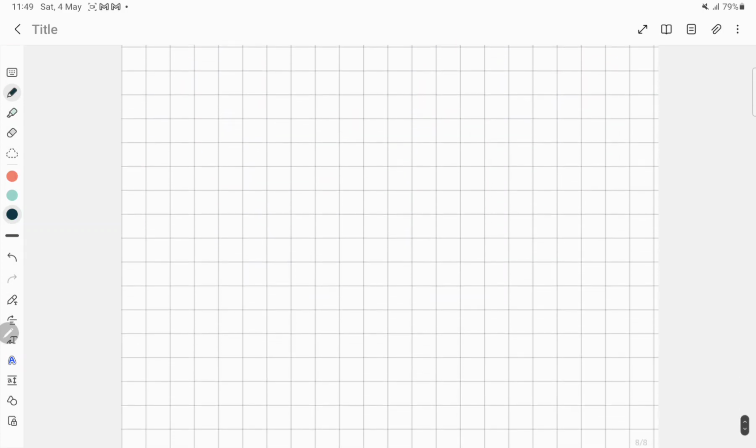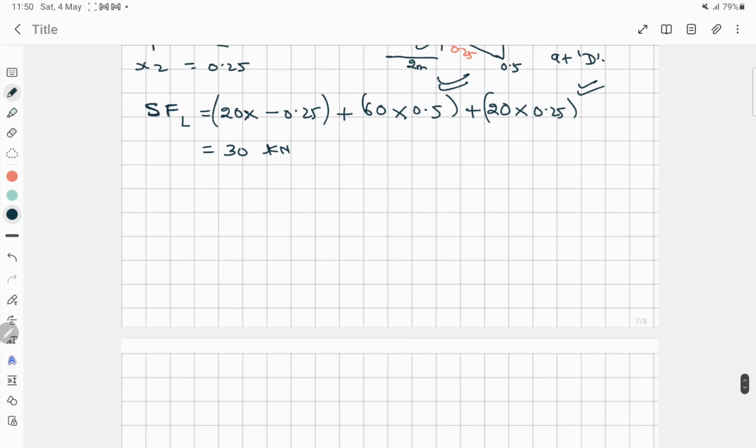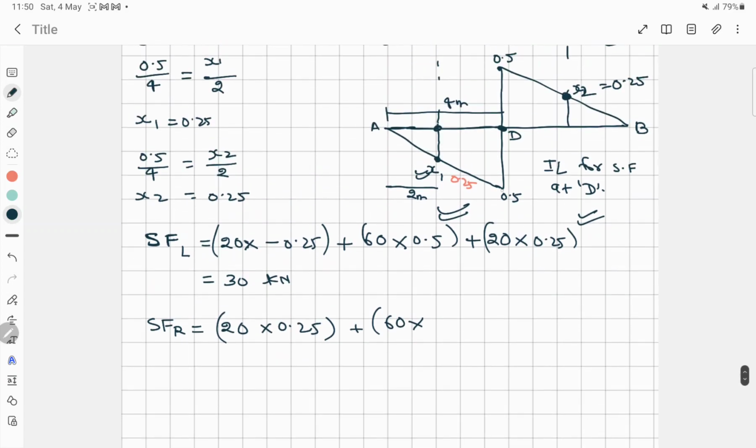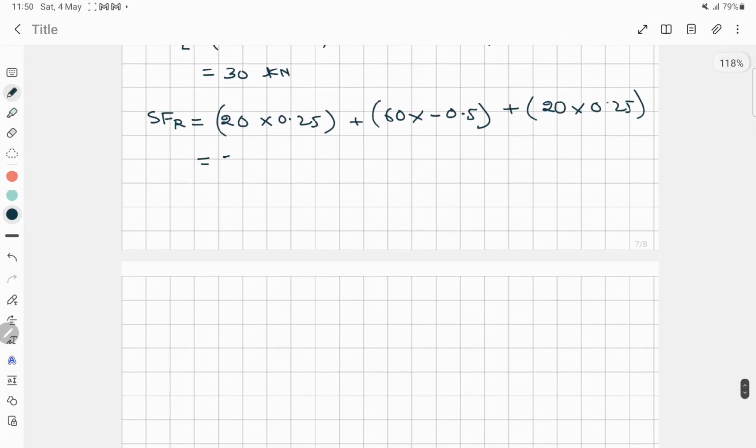Now we'll find the shear force from the right end, shear force from right, so it will be 20 into 0.25 plus 60 into, when we are finding for the right end, then we have to take the negative 0.5, so it will be minus 0.5 plus 20 into 0.25, so we'll get the value of this one as minus 30 kilonewton.